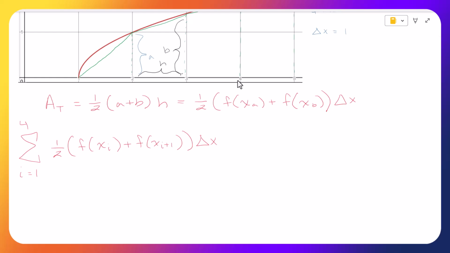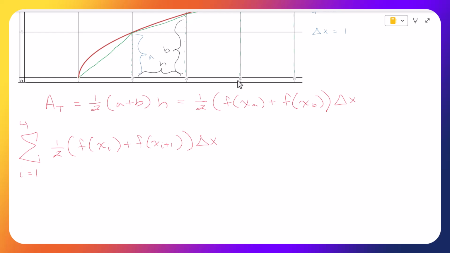This is going to be our approximation of the area under the curve. We have 1/2 times f of 1 plus f of 2 times 1, plus 1/2 times f of 2 plus f of 3 times 1.